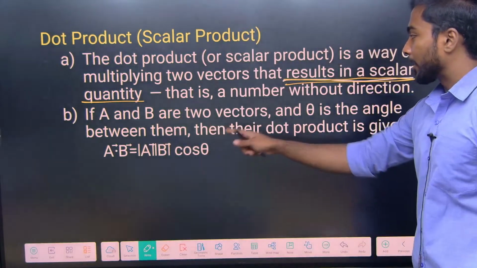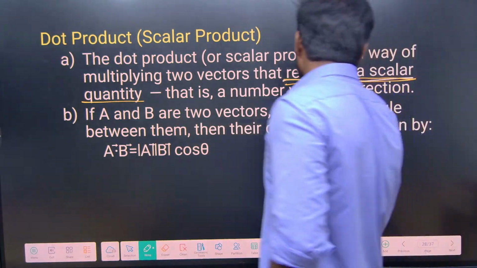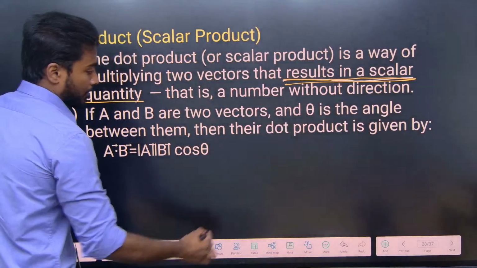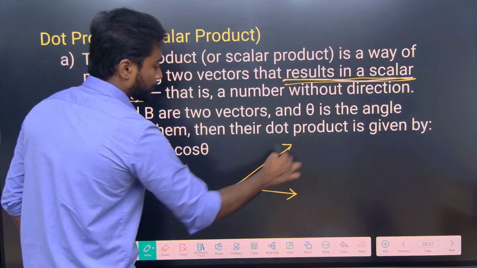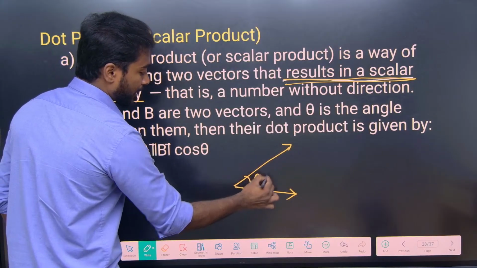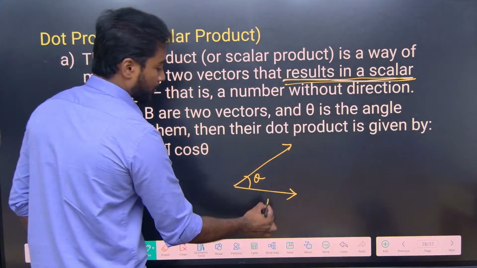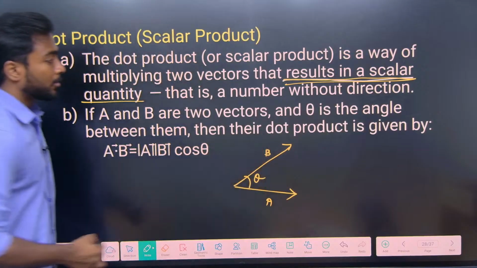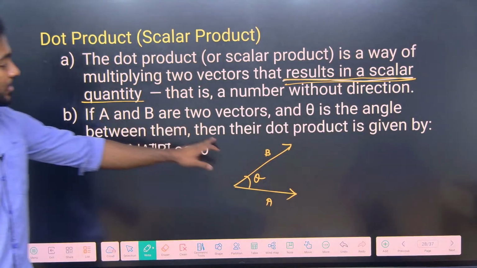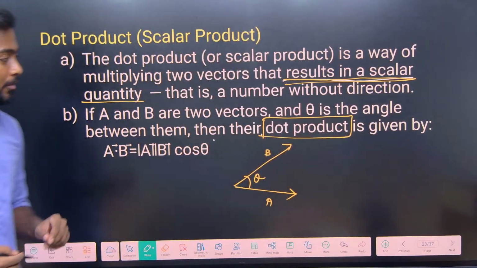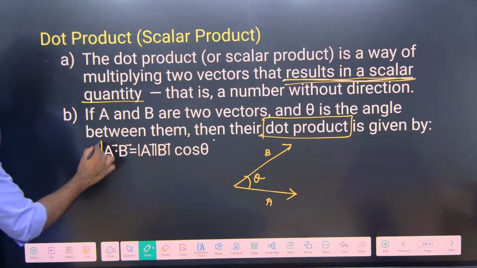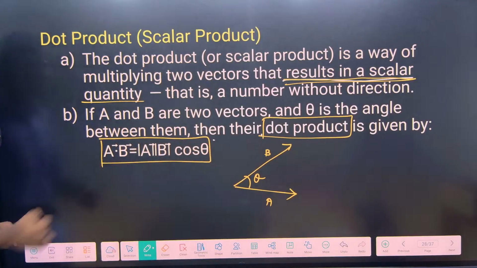Okay. If A and B are two vectors, and theta is the angle between them. So A vector and B vector, this is theta, this is A and this is B. Then their dot product is given by A dot B equals AB cos theta.